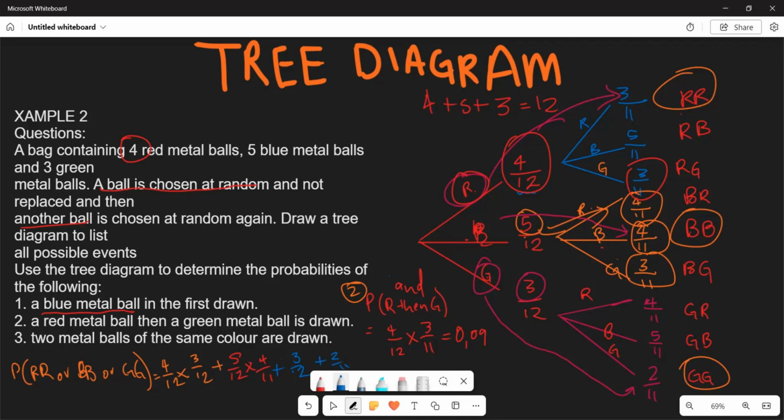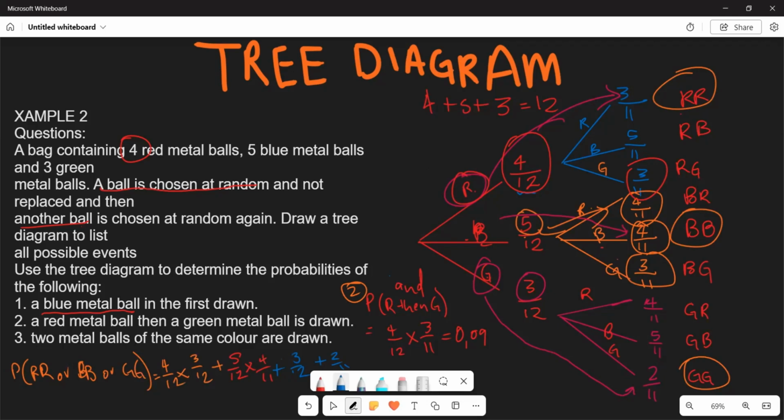And when you plug this in your calculator, let's see what answer you are going to get. Let's punch in our calculator. This is going to be 4 over 11, then multiply by your 3 over 12, which is going to be 1 over 11. Then we add this with 5 over 12 multiplied by 4 over 11, right?